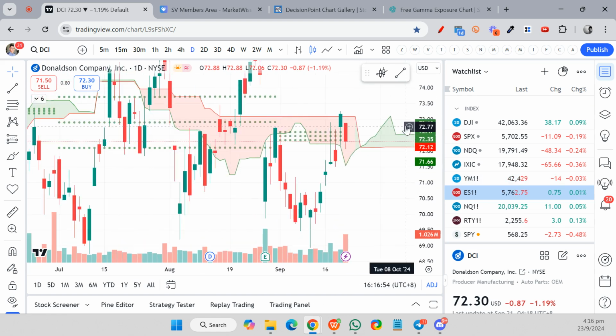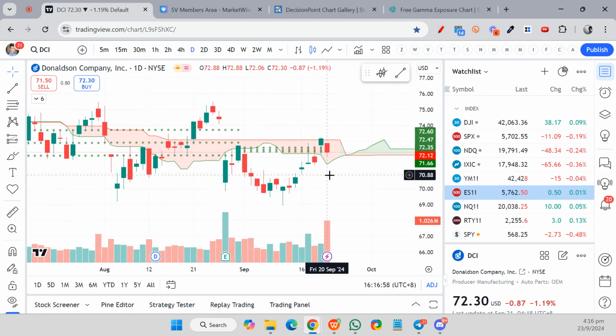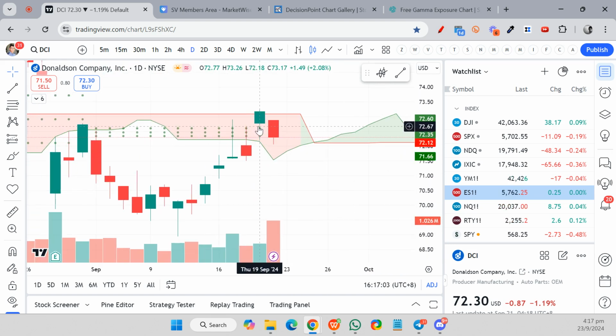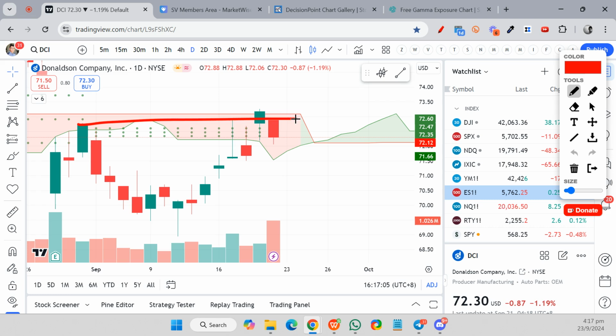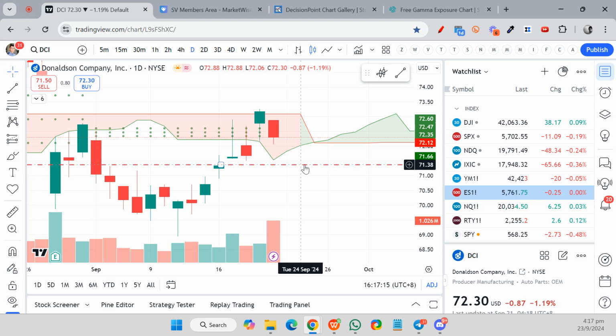So anyway, you can see that it is in a pretty ranging way, and then on Friday, it tried to close above the central pivot range. On Thursday, price closed higher than the prior day high. The prior day high is actually 72.68.